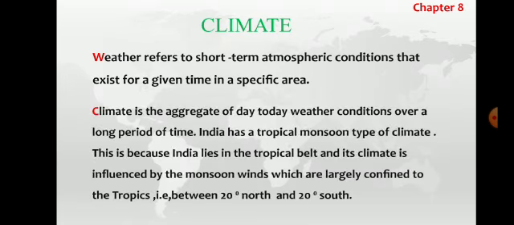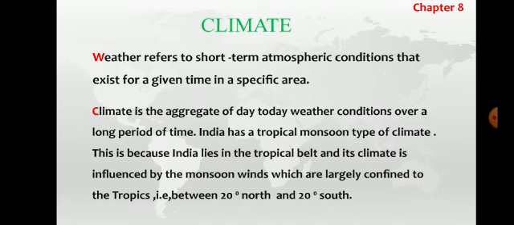Whereas climate is the aggregate of day-to-day weather conditions over a long period. So maybe it will take 10 years, 20 years to change the climate. So here India has a tropical monsoon type of climate.